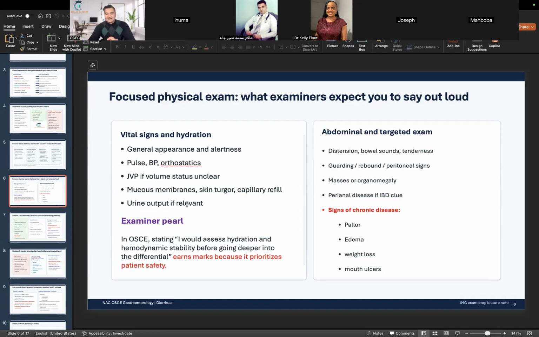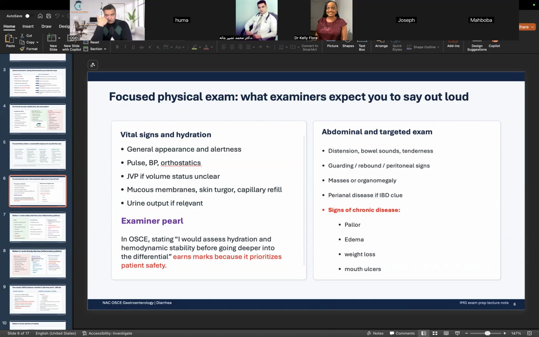Abdominal and targeted exam. When we do the abdominal examination, we always start with the hands, and then we move on to the face, with the eyes and the mouth, then check the neck, where I mentioned the JVP, and then you move on to the chest. From the chest, you move on to the abdomen and do your physical examination, starting with an inspection.